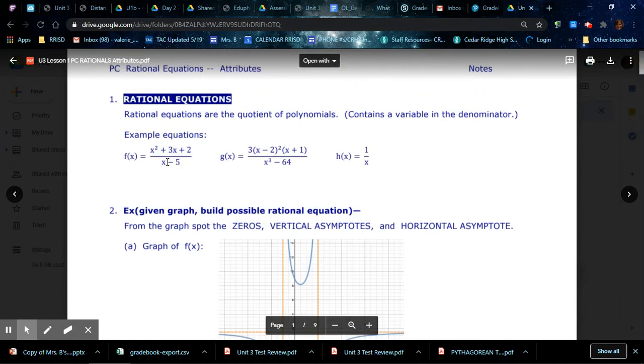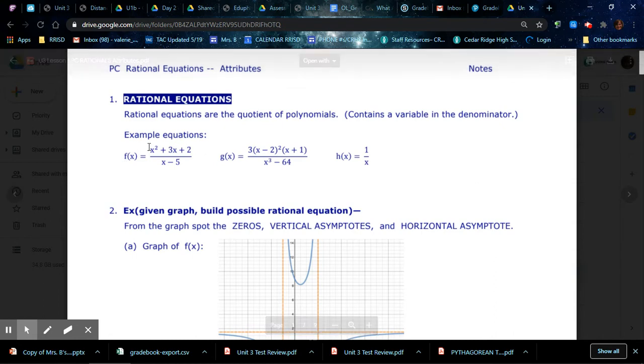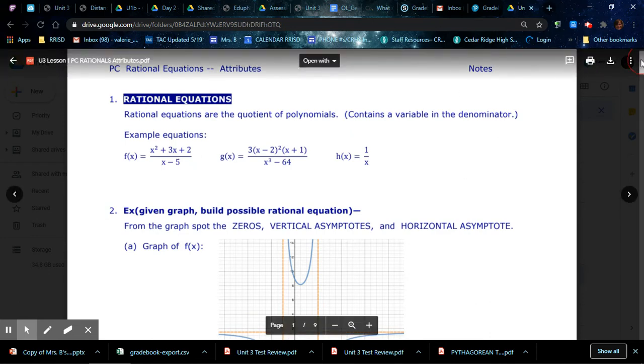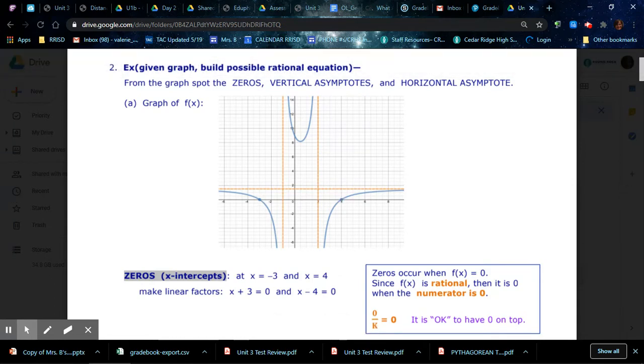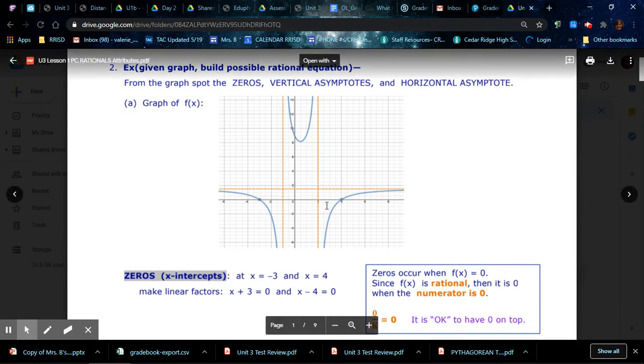Can it be 0 in the denominator ever? No. So when your function is equal to 0, that means the numerator is 0. The numerator can be 0, but the denominator never can. So if you have literally a 0 on your graph, that is where the numerator is equal to 0. These two tell you where the numerator is equal to 0.